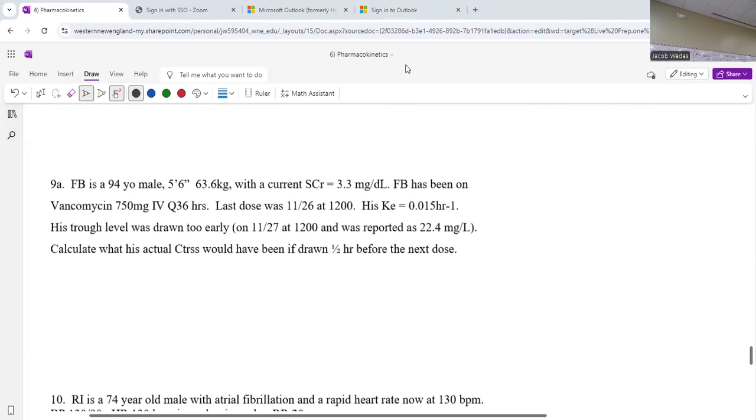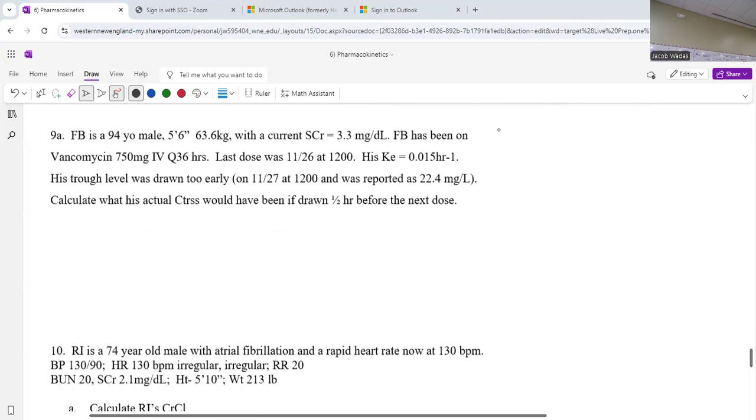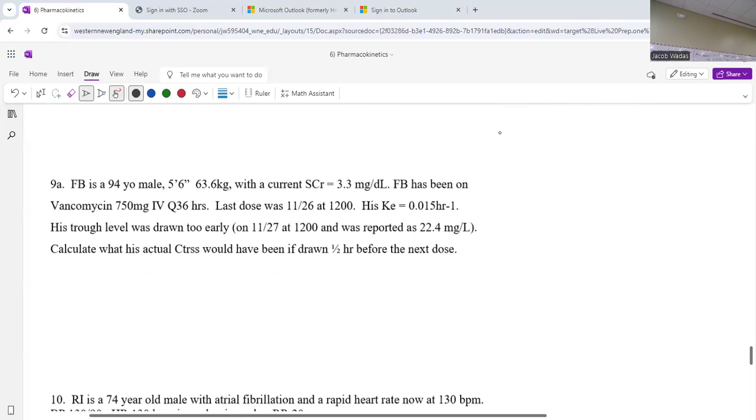FB is a 94-year-old male, 5'6", 63.6 kilograms with a current serum creatinine of 3.3 milligrams per deciliter. FB has been on vancomycin 750 IV, Q36 hours. Last dose was 11/26 at 1200.